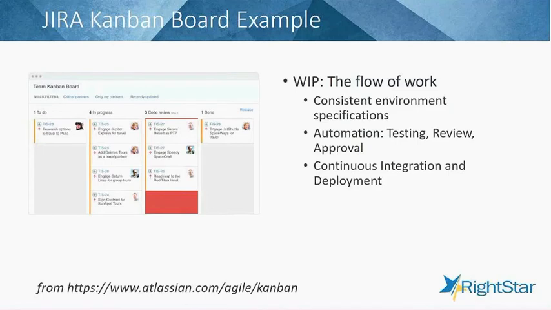One of our partners is Atlassian, and we work considerably with the JIRA software. This is an example of a Kanban board from JIRA. Kanban is another one of the methodologies that are part of the Agile framework.